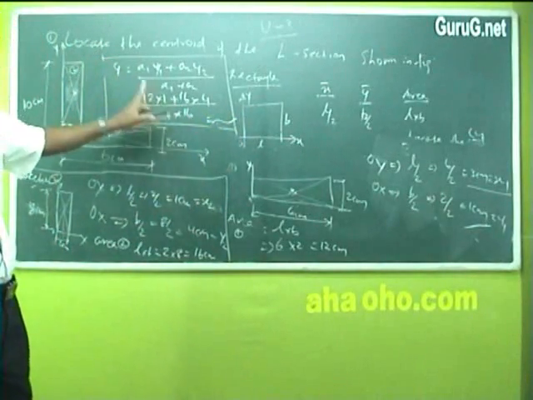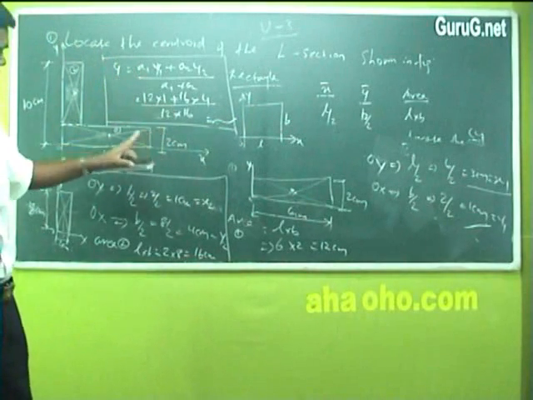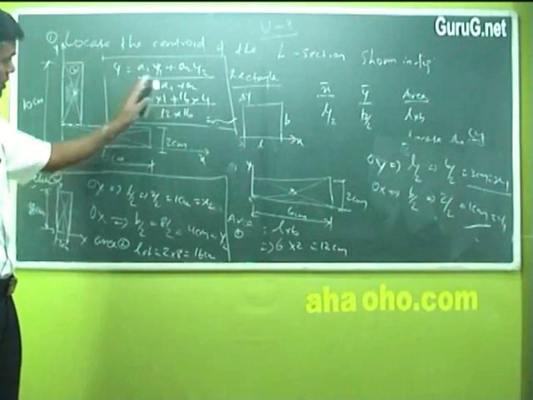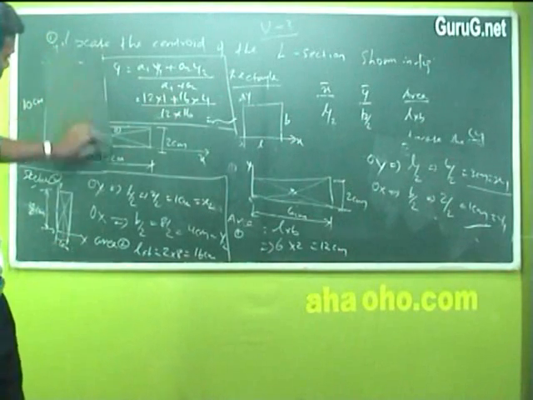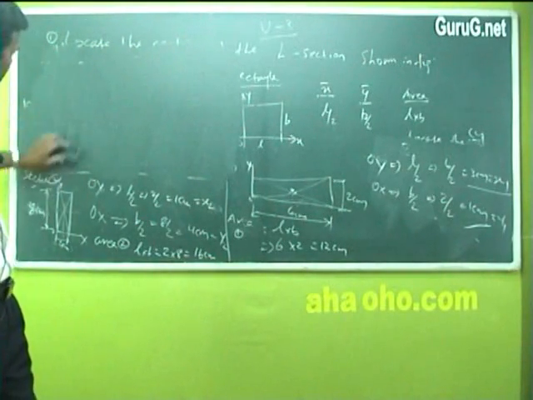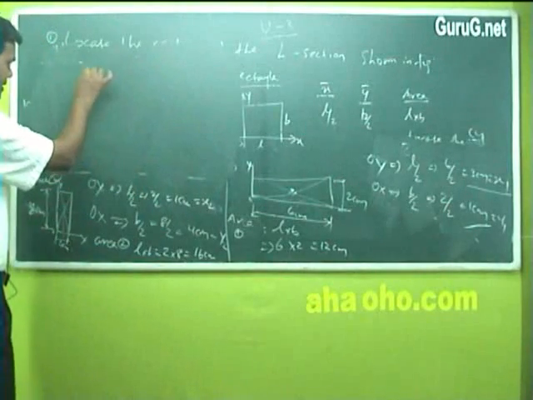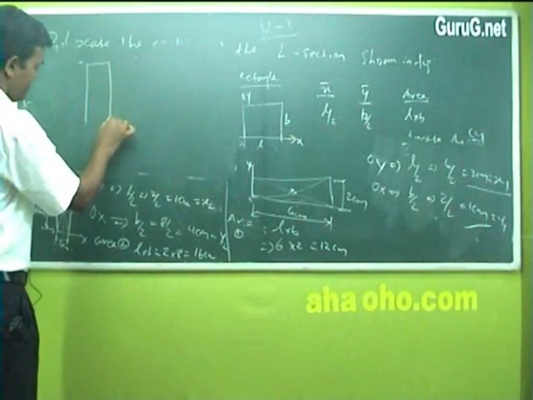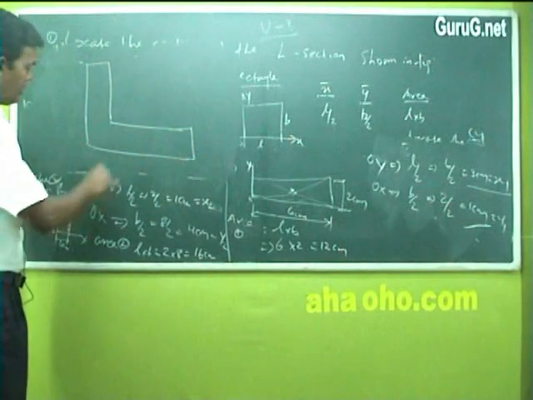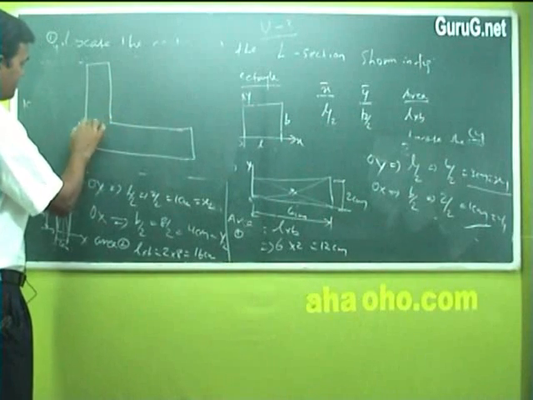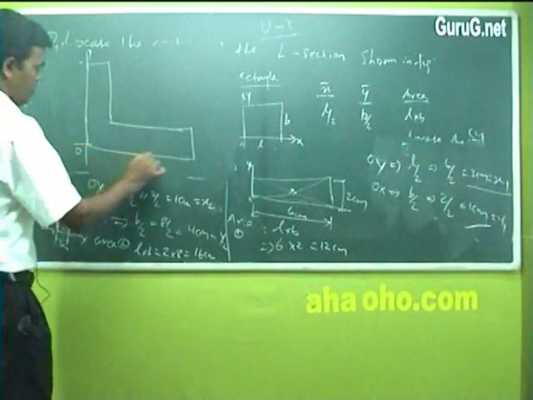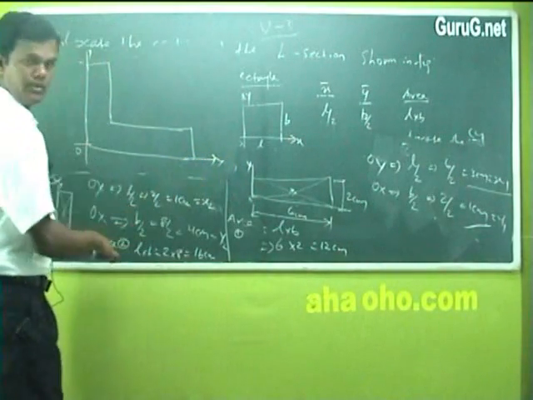After finding x bar and y bar, we have to indicate those values in this sketch. So the final sketch you should indicate with all these values. That I will show here now. After finding out the values of x bar and y bar, you have to redraw the sketch as it is. Is that okay? You have to indicate the line OY, OX, clear?